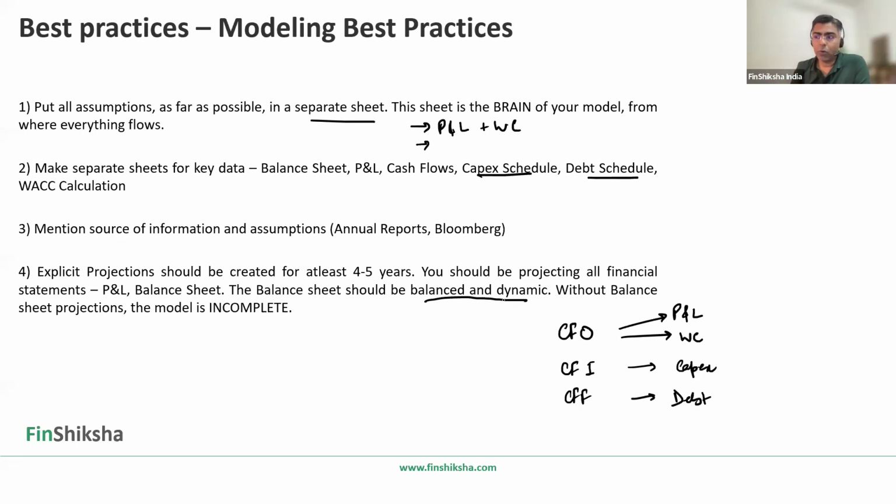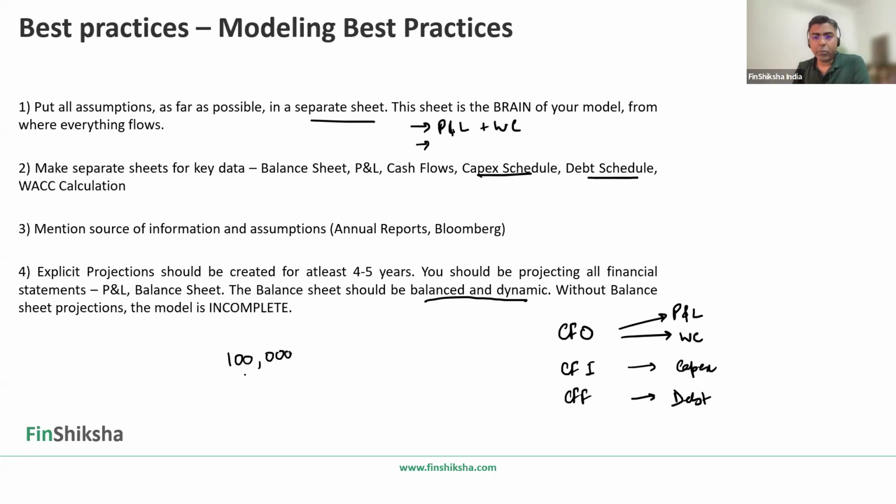So just to give you an example, in one of our programs, we built a model on Steel Authority of India. If you read through their con call transcripts, they've come out and said, we're going to do a capex of 1 lakh crore over the next 7-8 years. Now, how will you do 1 lakh crore? Assuming a debt equity of 1:1, you will have to borrow 50,000 crore of debt.